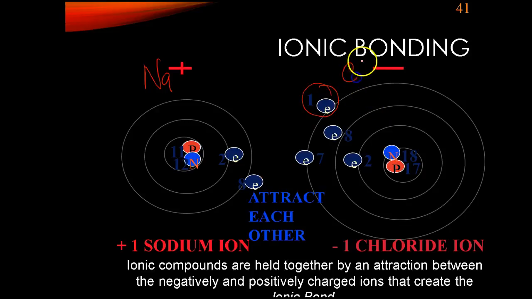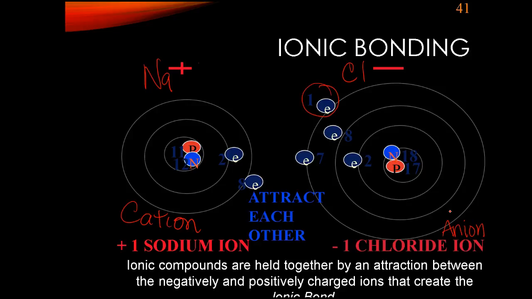So chlorine will be a -1. Okay? So the other label that you'll need is that sodium becomes the cation, and chlorine is negative, so it becomes the anion.